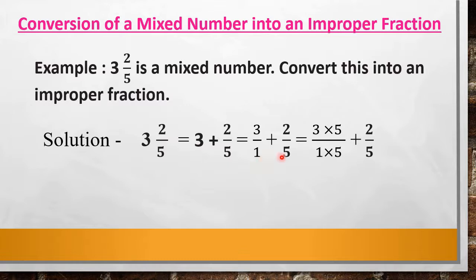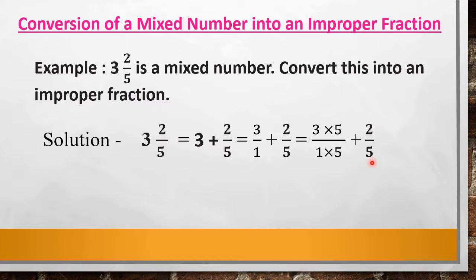3 by 1 plus 2 by 5. Now, we have to keep our denominator same. So, we will multiply both sides by 5. Here, for 3 by 1, we will multiply both sides by 5. So, 3 multiplied by 5 upon 1 multiplied by 5 plus 2 by 5. Now, you can see here, the denominator is same.